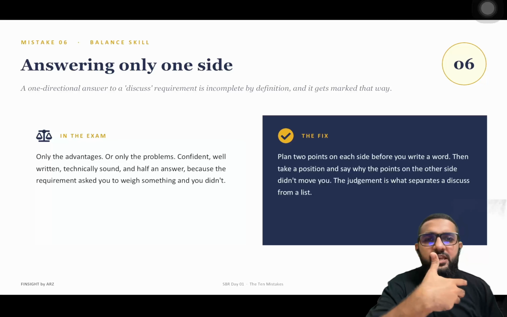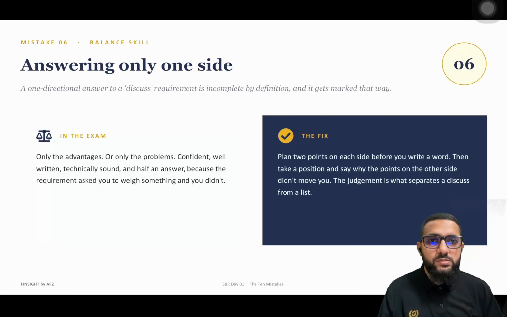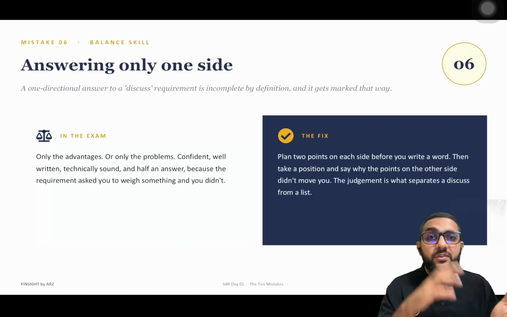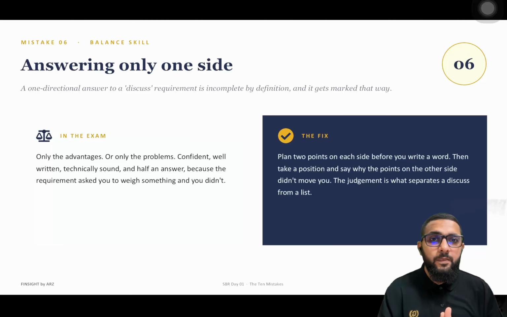For example, let's say you are talking only about the pros or advantages when you are supposed to weigh both advantages and disadvantages. You talk about weaknesses only while you are supposed to weigh both weaknesses and strengths.